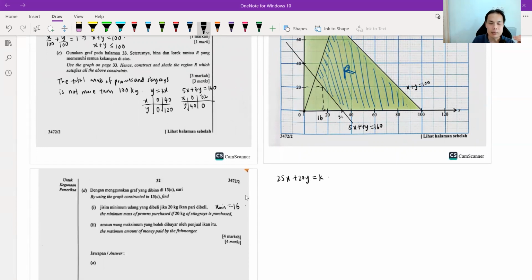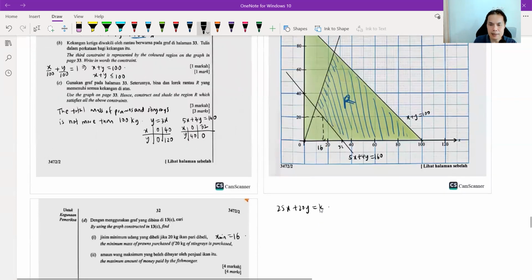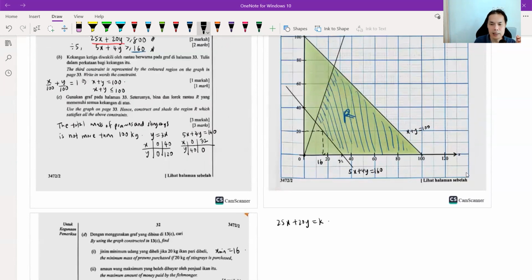Now remember, this line is actually parallel to this line earlier. The line earlier here is 25x plus 20y equals 800 because this is a minimum purchase. Your maximum can be more than that. So we need to draw a line that's parallel to this and move it up such that the line must pass through at least one point in this region.